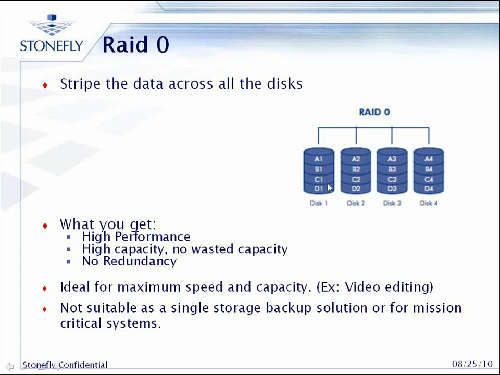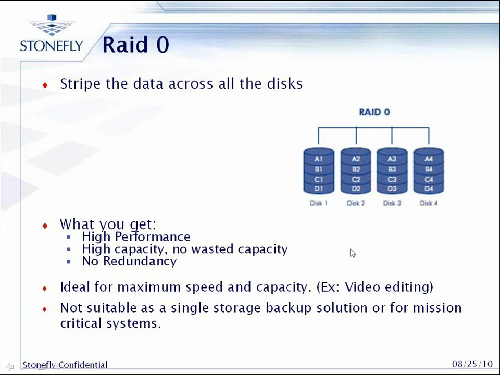If you look at RAID 0, there is no waste, basically. There is no parity calculation, and you've probably heard about parity calculation in RAID. So if disk 1 is 1 terabyte, the total capacity of this RAID set will be 4 terabytes. There is no waste in capacity.